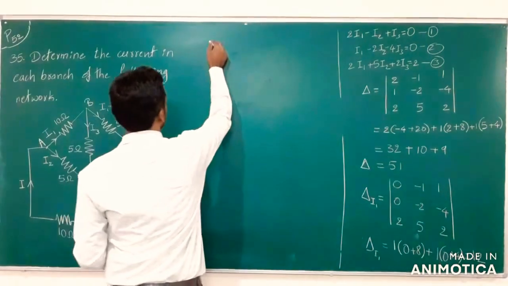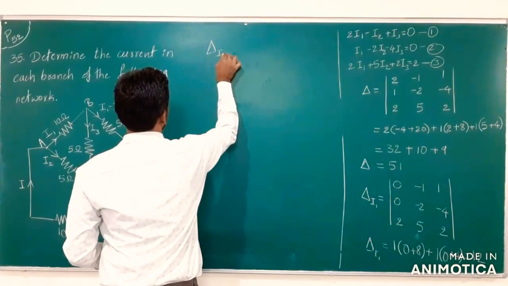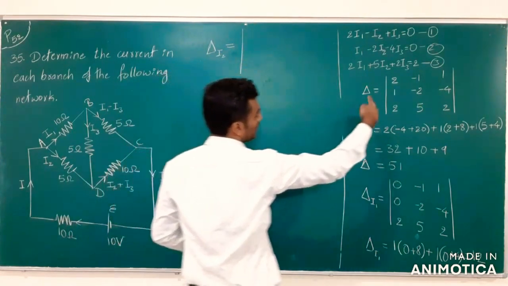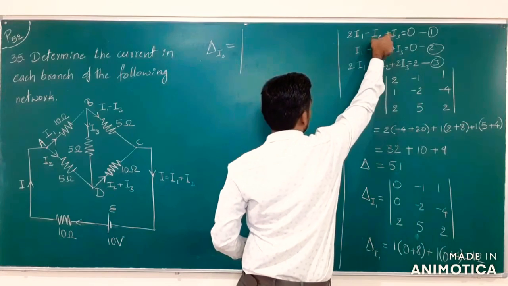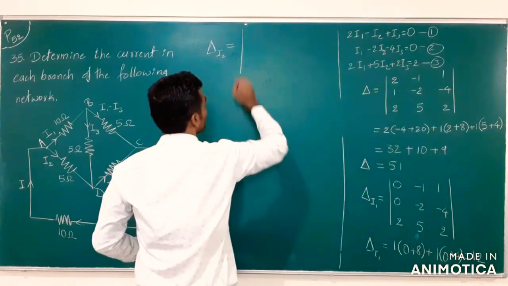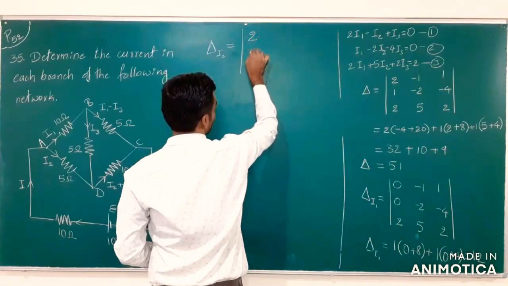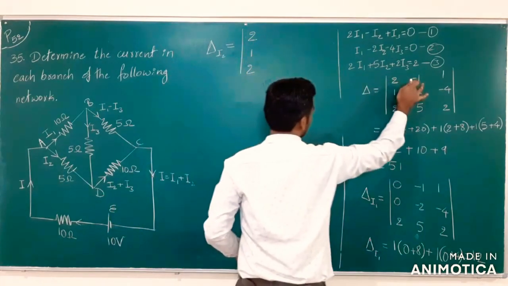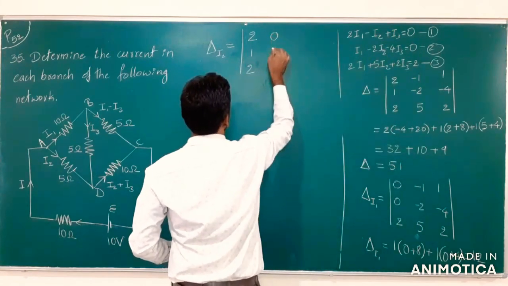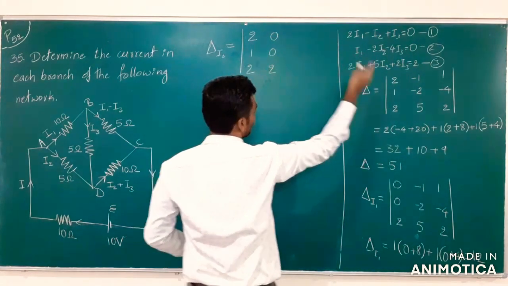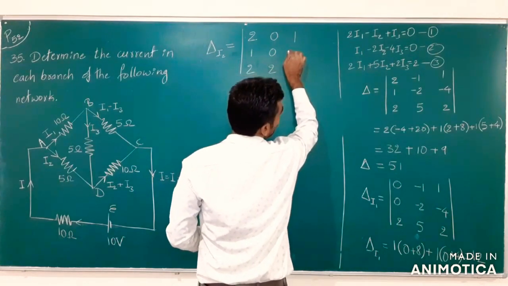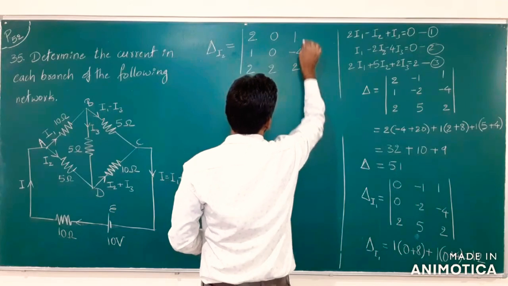Okay, what is delta I2? Delta I2 is, see, rest everything remains the same. In the place of coefficients of I2, this time I will put the RHS values. So 2, 1, 2, instead of minus 1, minus 2, 5, I will put 0, 0, 2, and at last it is the same again, 1, minus 4, 2.